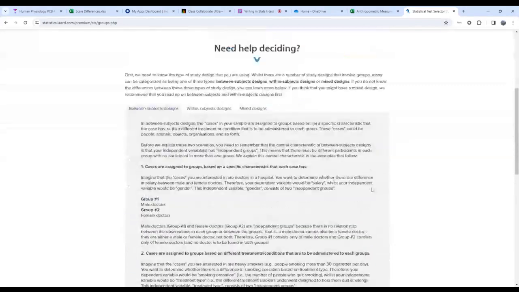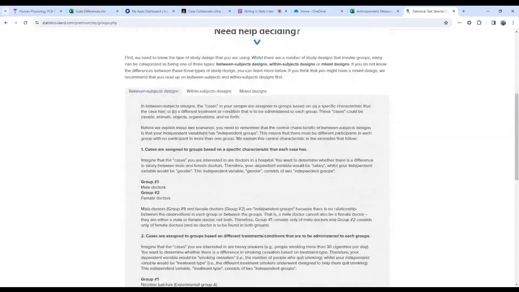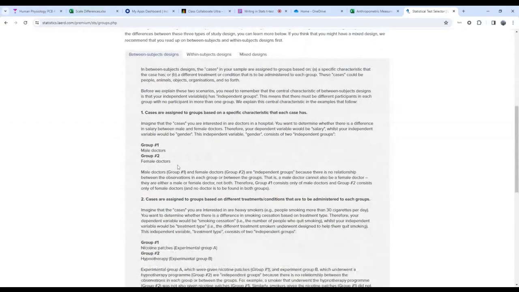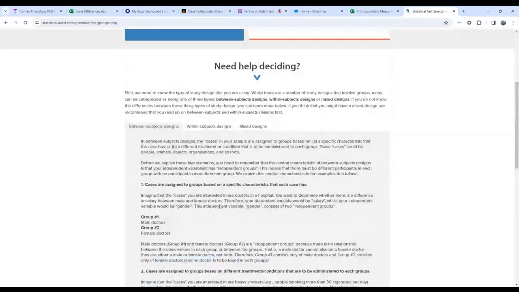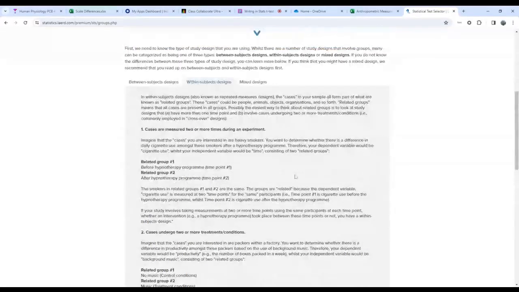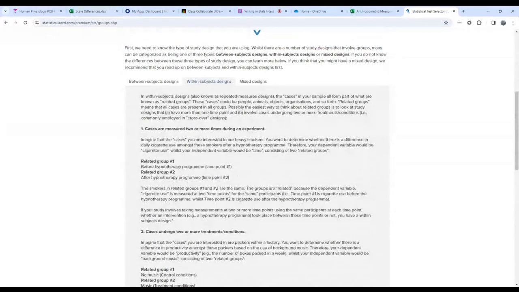If you're not sure, here, look at a group, male doctors, female doctors, nicotine patches, hypnotherapy, or within, you're taking the subjects and treating all of them to the same things. In a lot of ways, within subjects is better because you're controlling for the subjects. You're testing the same person on all the different treatments.